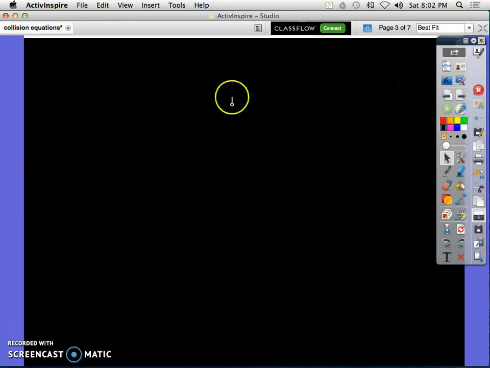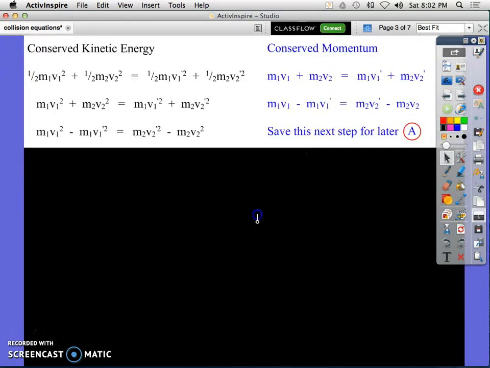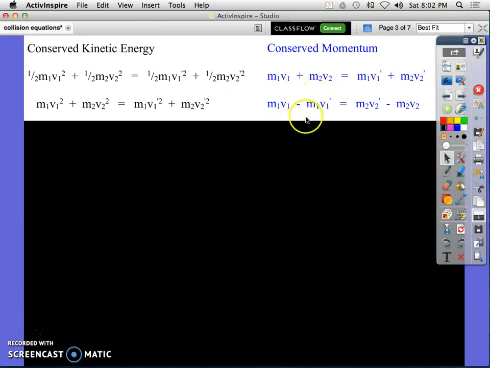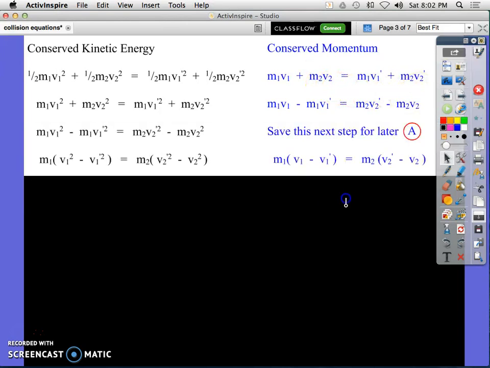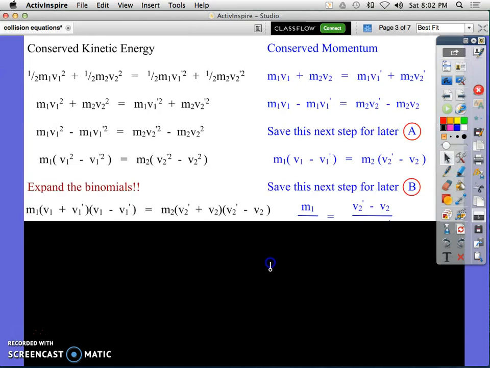Now, on the momentum side, I'm also rearranging by pulling m1 v1 prime over here and taking m2 v2 over here. I can also pull out the m1 and m2. I know that I need m's in my final equation, so I'm trying to isolate those at this point. Now, you've got to be creative.